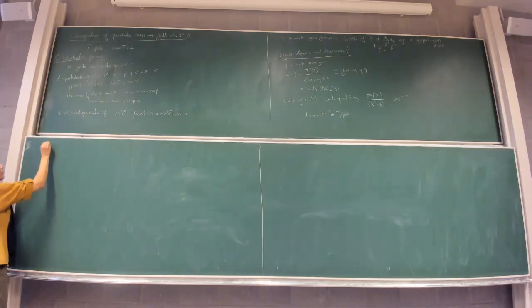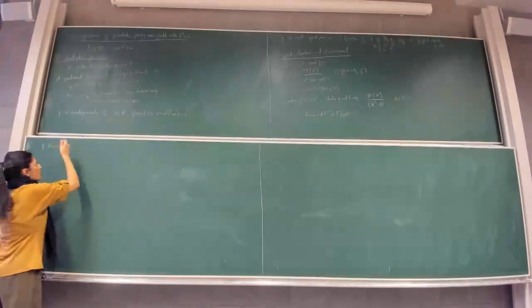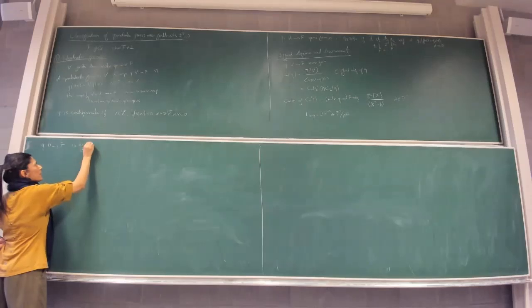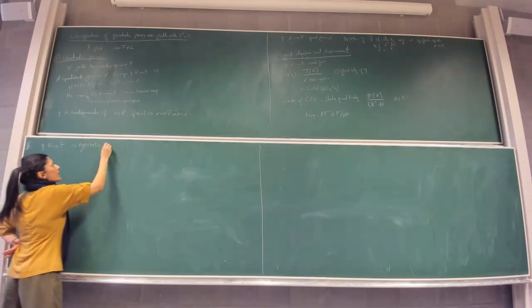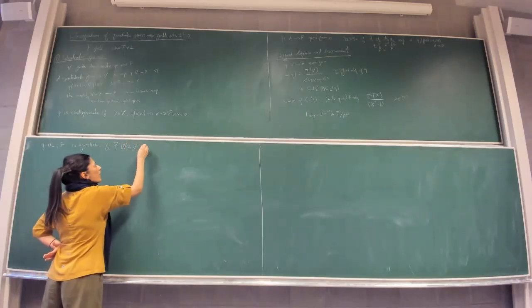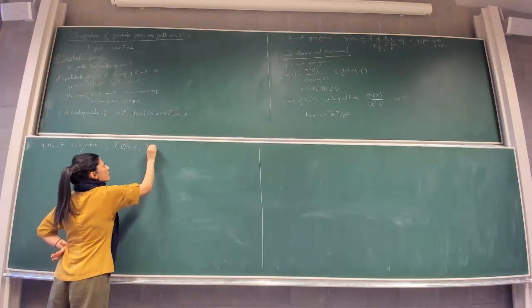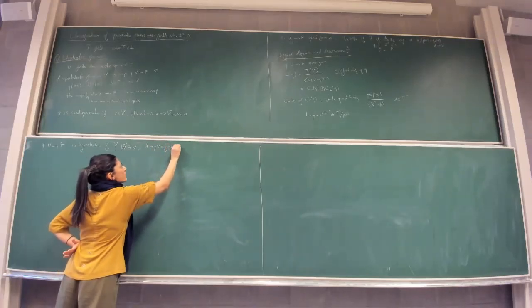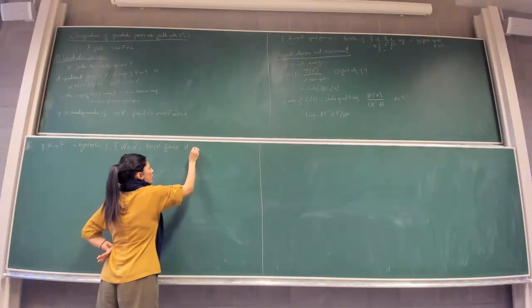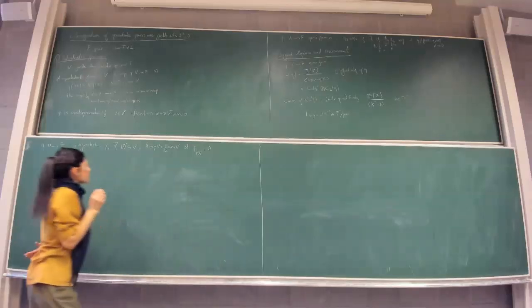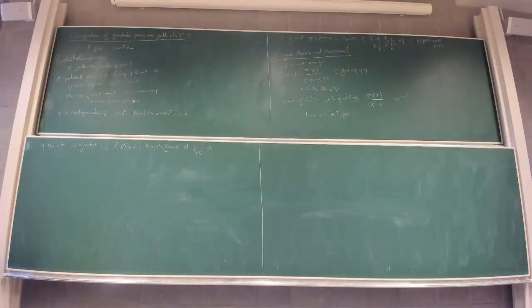So a quadratic form Q is called hyperbolic if there exists a subspace of half the dimension such that the quadratic form is trivial on this subvector space.